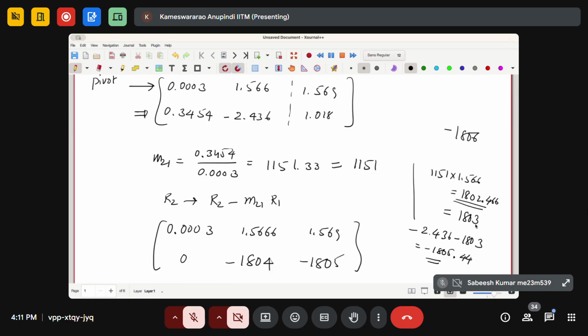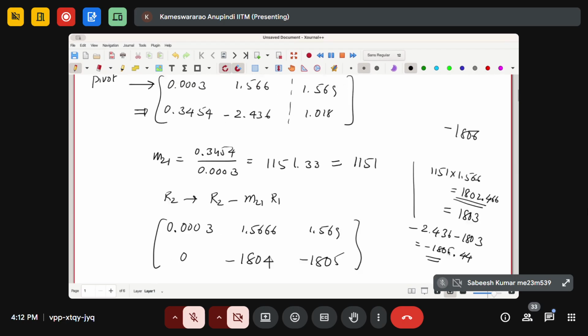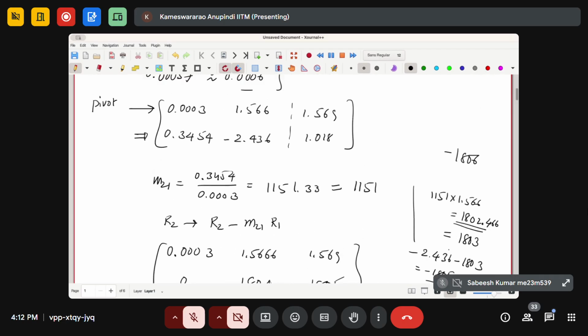So that will be minus 2.436 minus 1802.466. Yeah, this will come out to be minus 1804.9, but I'm using this with round off, which should actually become minus 1804. R1, 0.0003. Okay.